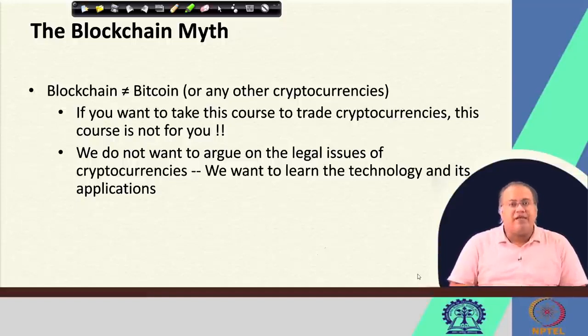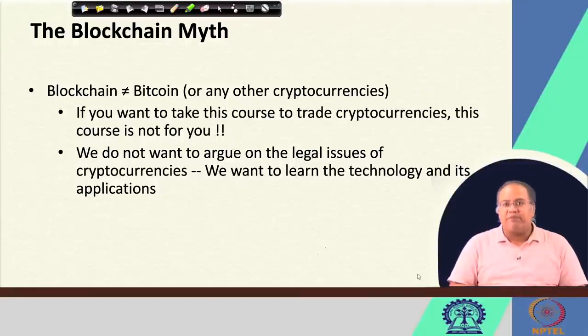So, the first myth which roams around this particular idea of blockchain is that Bitcoin or any kind of cryptocurrencies are equivalent to blockchain. Whenever I go to give a talk on blockchain, majority of the times I hear this query that, well, the governments are banning cryptocurrencies, the government is not allowing trading using Bitcoin, then what is the use of learning blockchain?